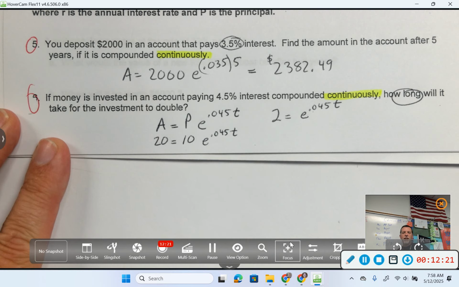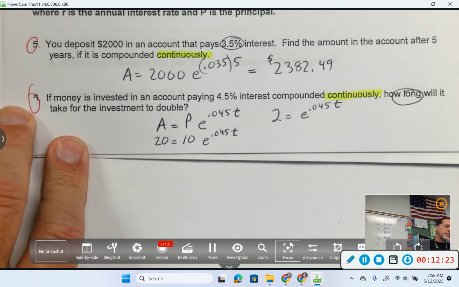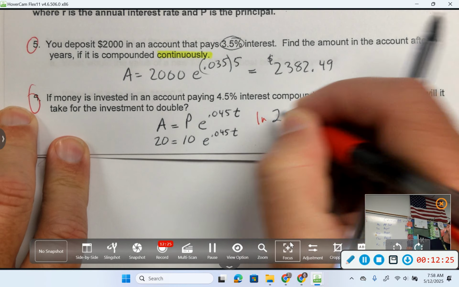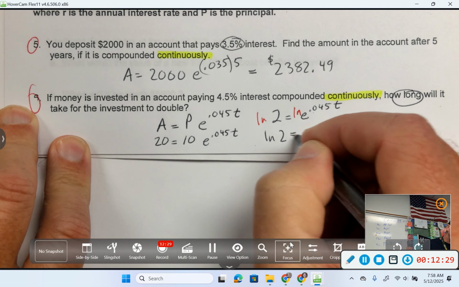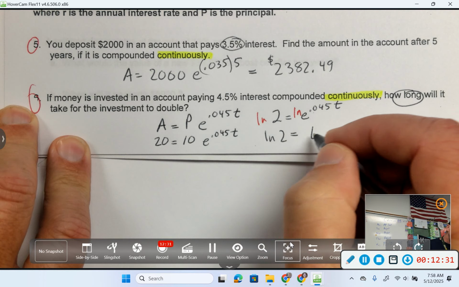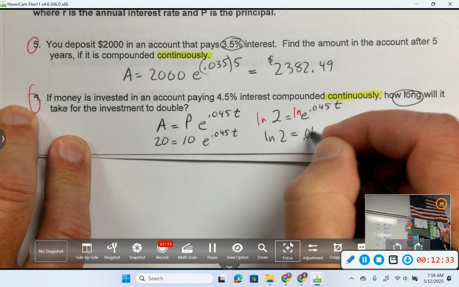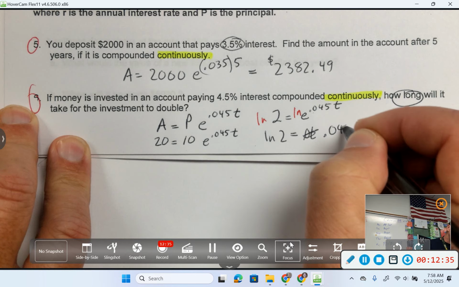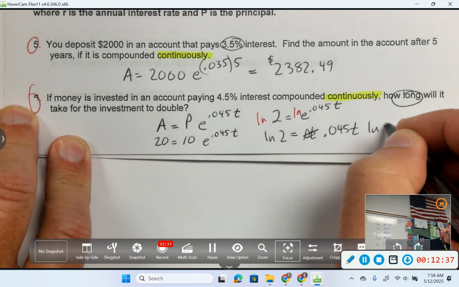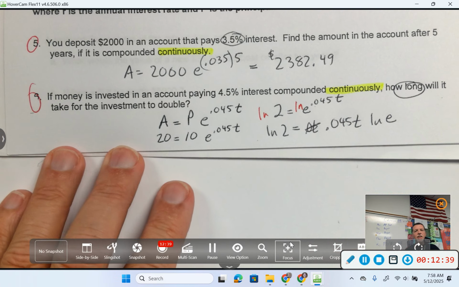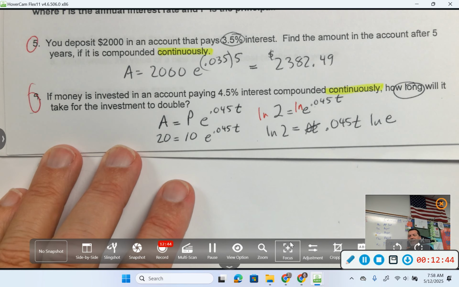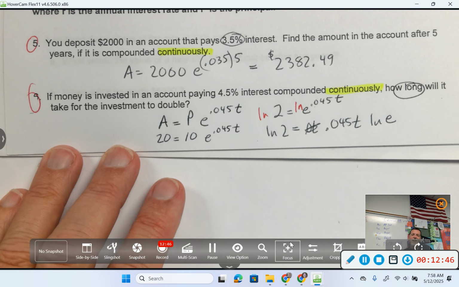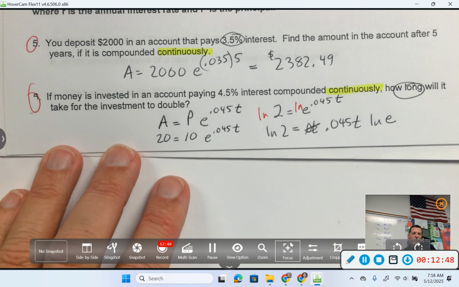What would you like to do next? Natural log both sides. So natural log of 2 equals 0.045t times natural log of e, which is just 1. If you forget that and type it in the calculator, fine, your calculator knows that the natural log of e is 1.